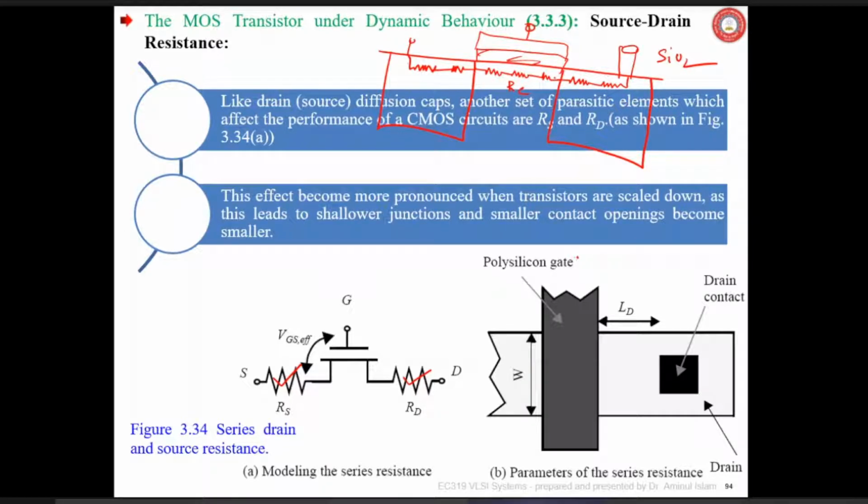Of course, it is not drilled using a conventional drill. Etching is done and the hole is made, and that hole is filled with tungsten to make the contact with the N+ region. So there will be contact resistance here.